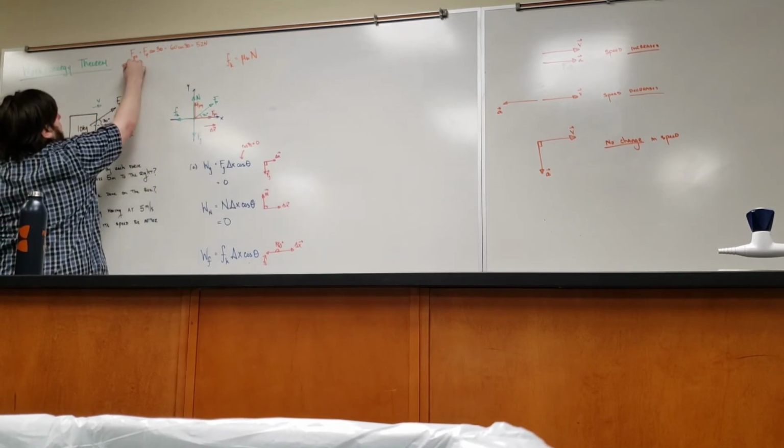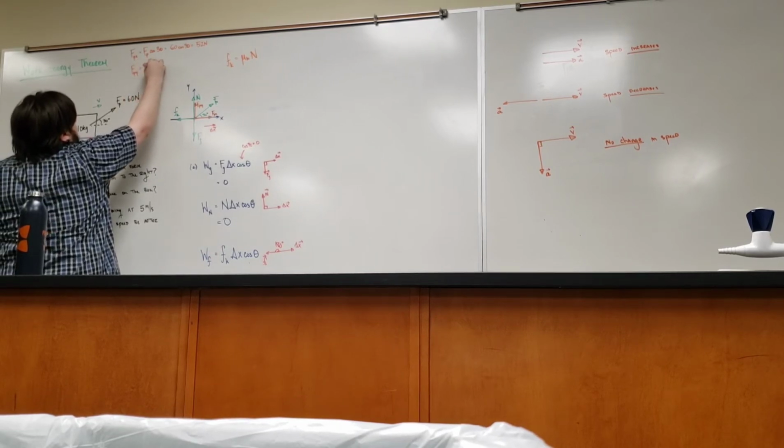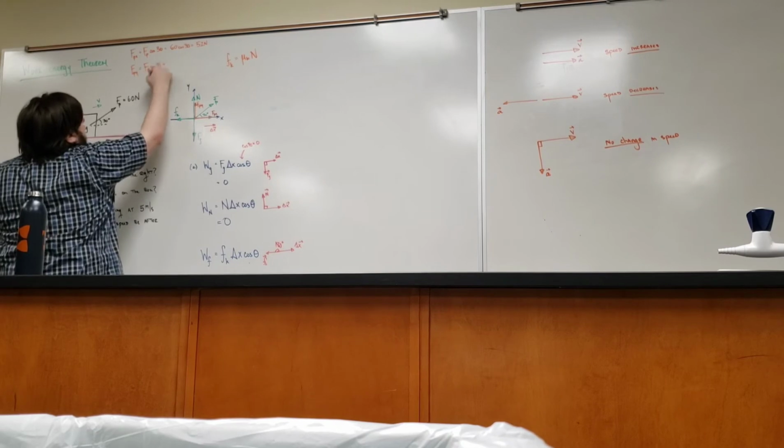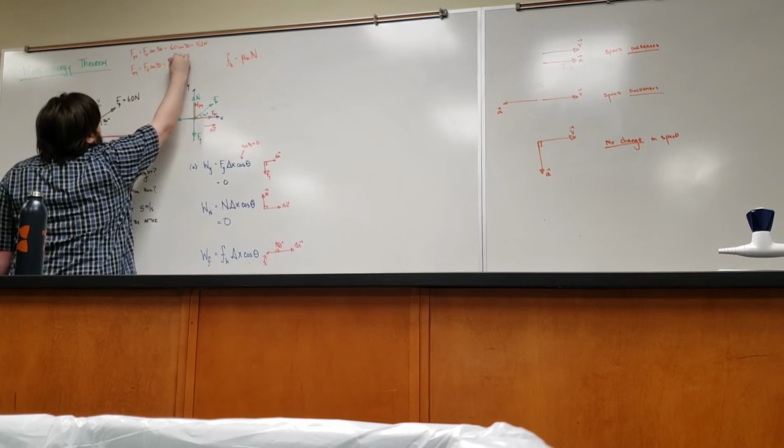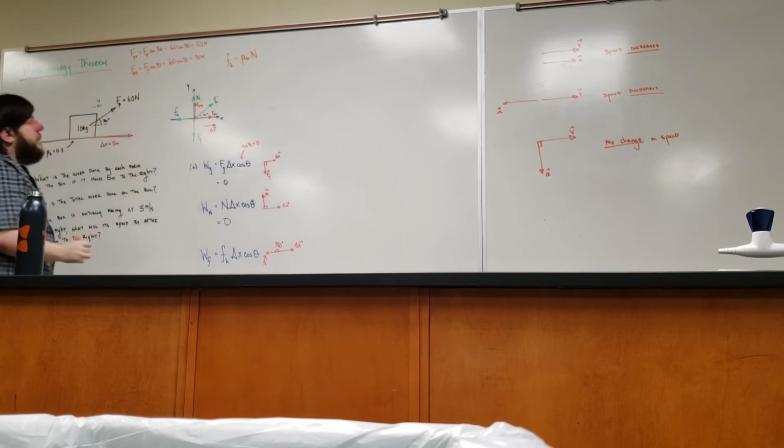Okay? The pulling force in the y direction is the pulling force times sine of 30. Sine of 30 is 1/2, so 60 sine of 30 is just 30 newtons.